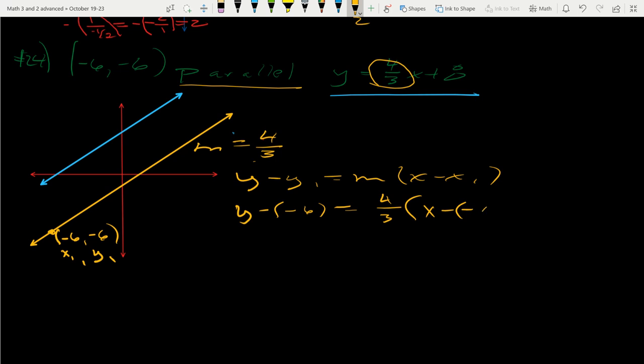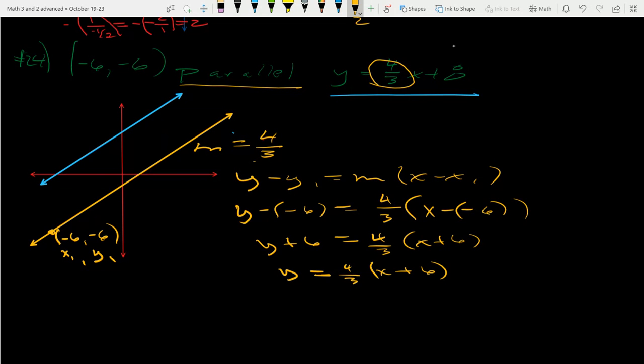Again, watch your negatives here because it's -6. So then we clean this up and say y plus 6 equals 4/3 times x plus 6. And really what I can do is subtract this 6 from both sides and I get a -6 on the end.